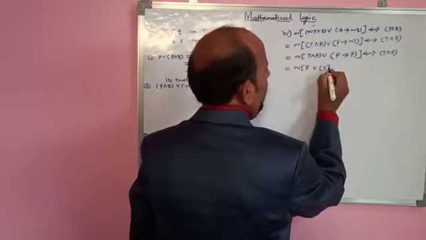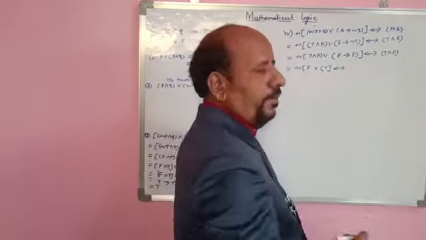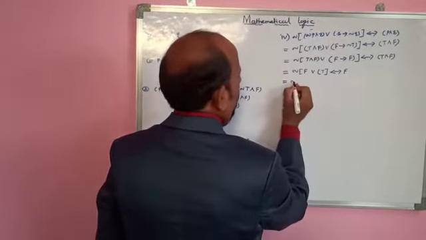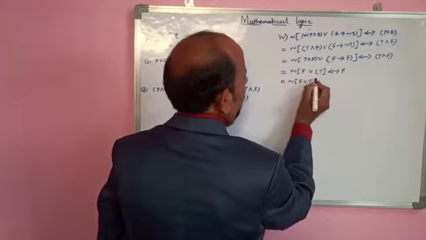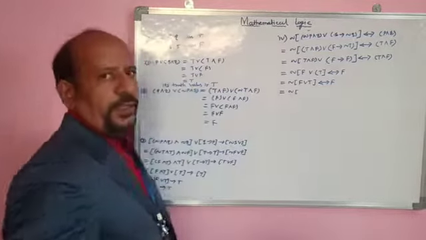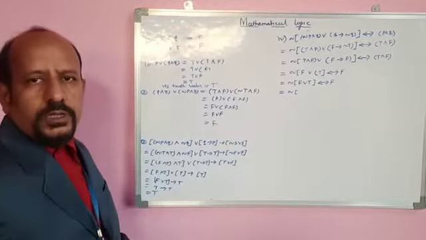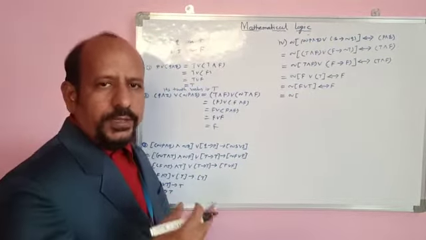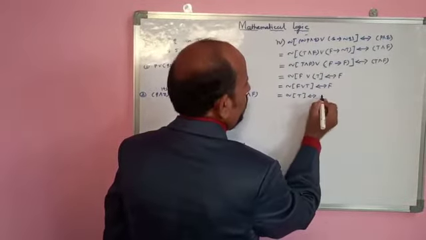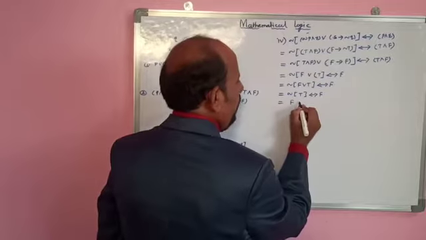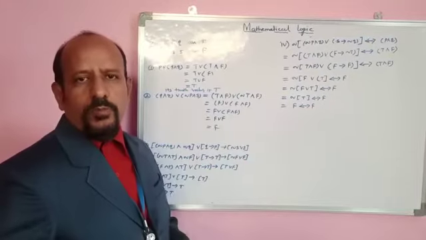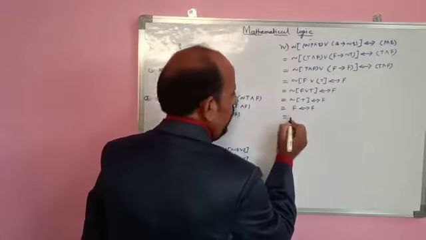Therefore it becomes T biconditional T and F. If both the statements are true, then the final is true, otherwise it becomes F. Therefore, negation of F or T biconditional F. In disjunction, if both the values are F, then the final value is F; here both the values are not F, therefore its value is T biconditional F. Negation T is F biconditional F. In a biconditional, if both the statements are false or both are true, then the final statement is true, therefore it's true.